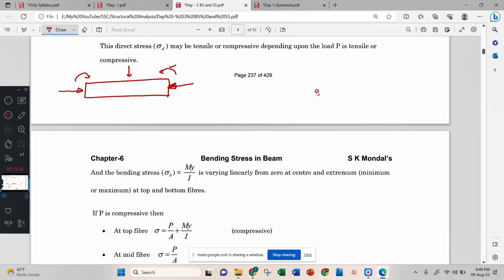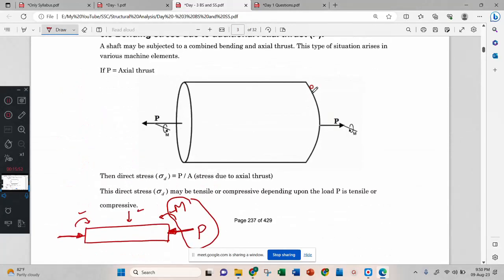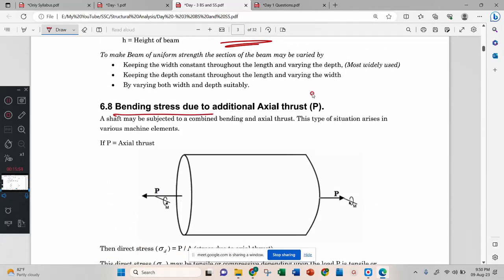When I apply this force along with the axial force, then this material will bend. It is bent because of P and bent because of moment M. Then inside, what has happened is called bending stress due to axial thrust.